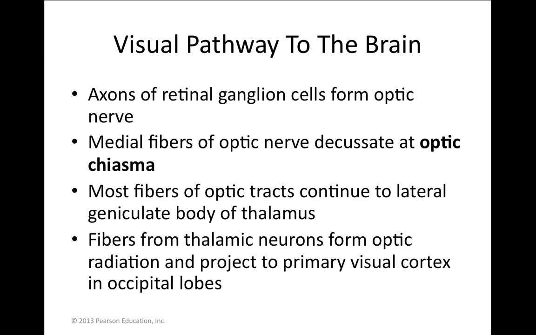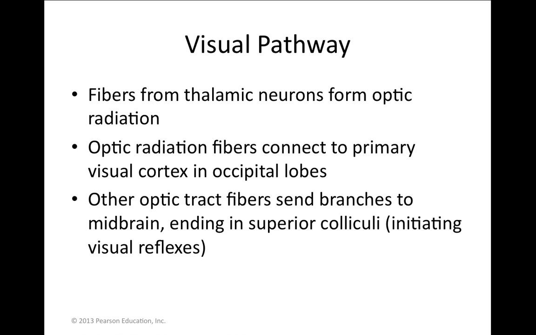The fibers from the thalamic neurons form the optic radiation, so they will radiate out from the thalamus and project to the primary visual cortex in the occipital lobes, where you will create an image in your brain. The optic radiation fibers connect to the primary visual cortex, and then they will also communicate with the association centers.